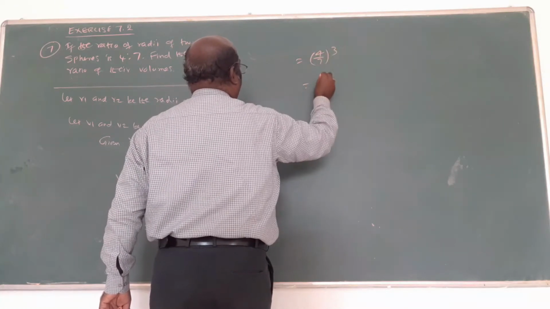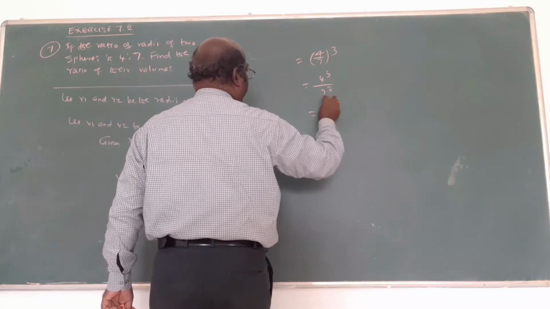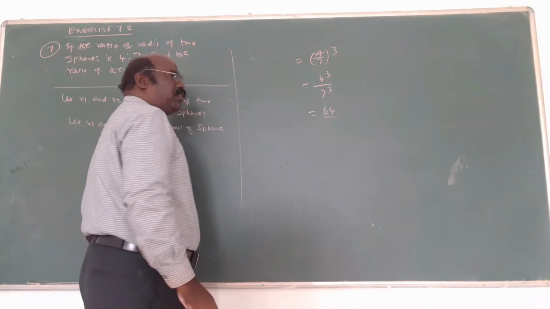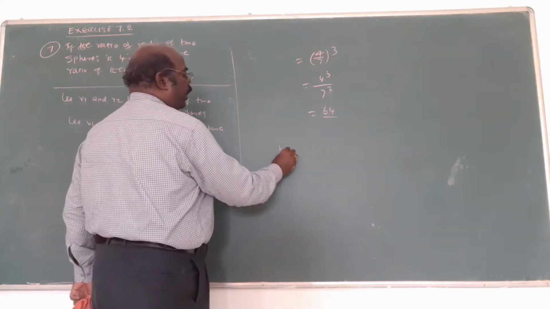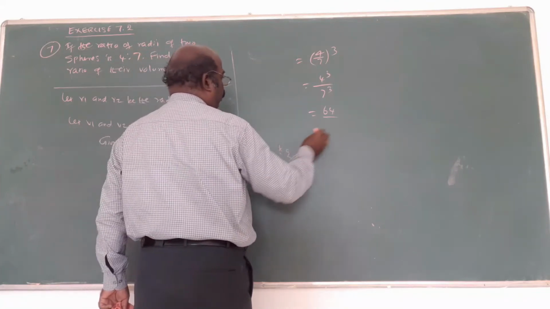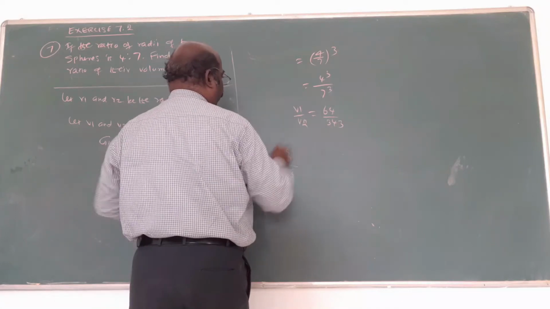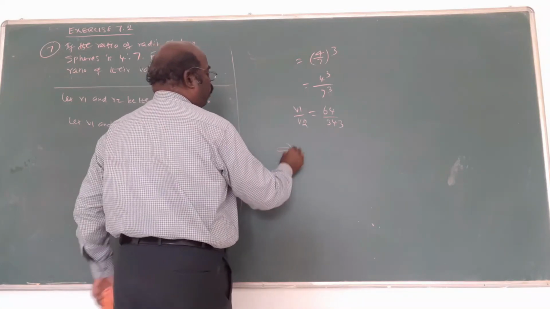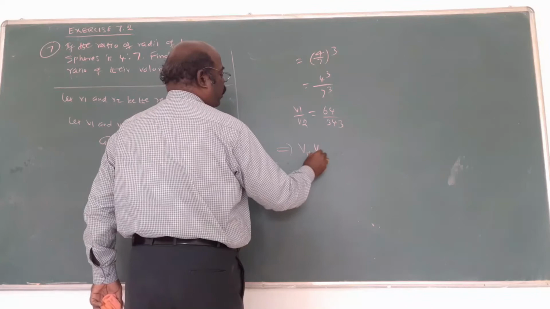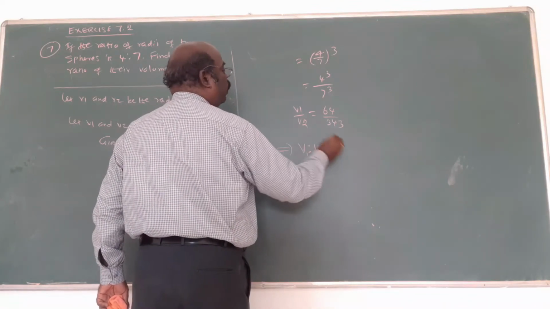4 cube is 64. 7 cube is 7 sevens are 49, 7 nines are 63, 343. Now V1 by V2 equal to this. What is asked? The ratio of volumes is asked.